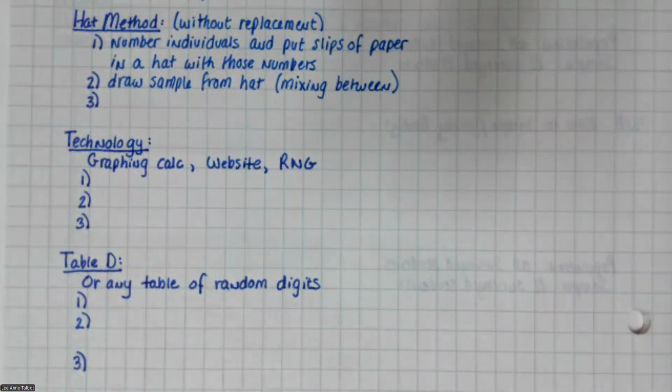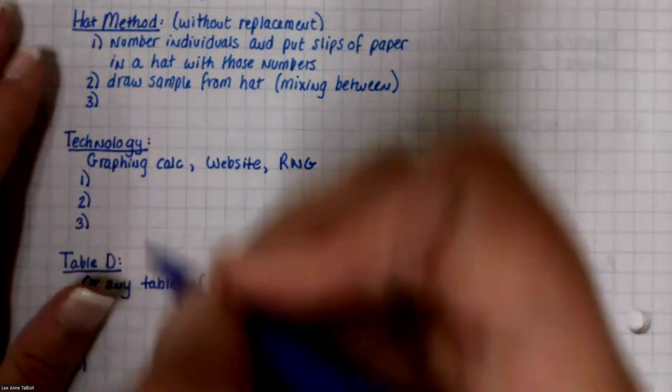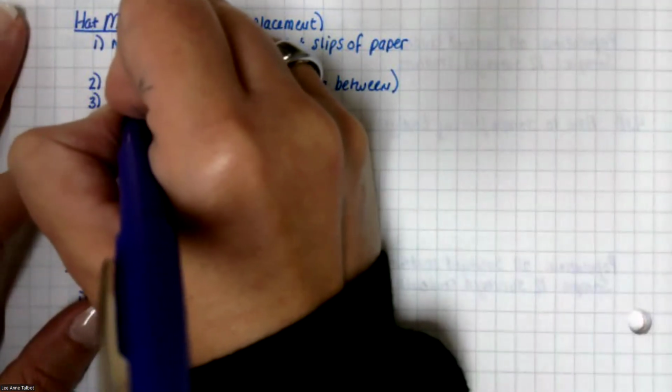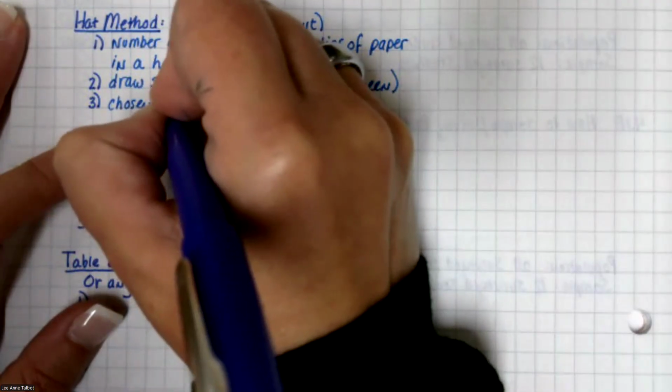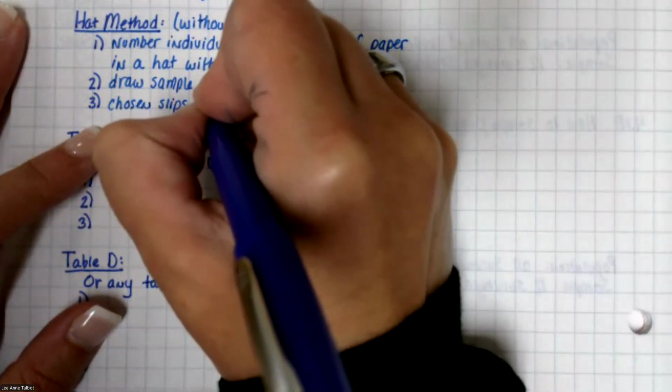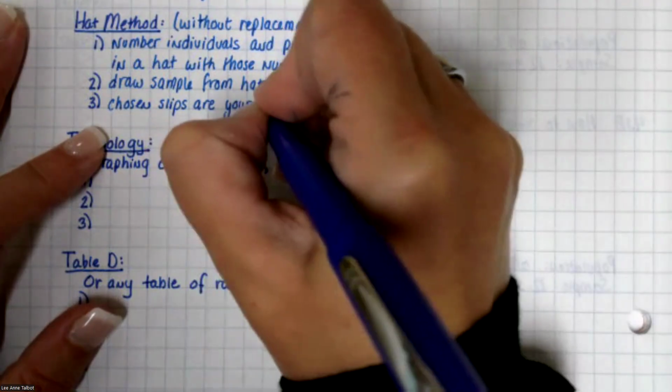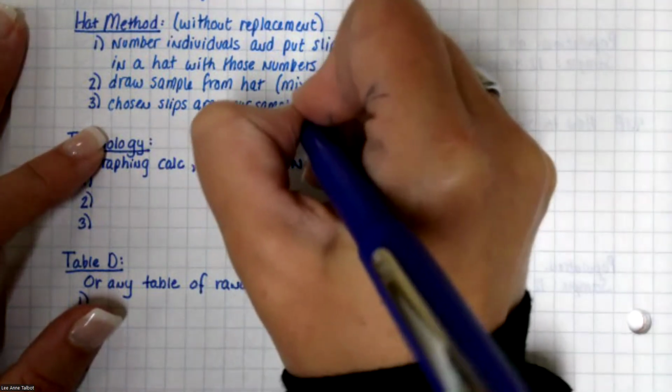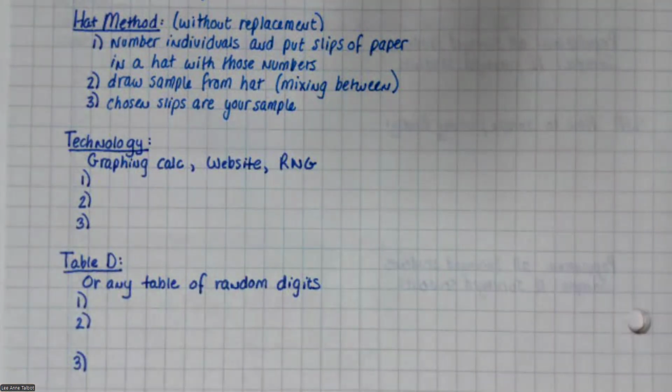Draw your sample from your hat, mixing in between each draw. And the chosen slips are your sample. It's not too bad.